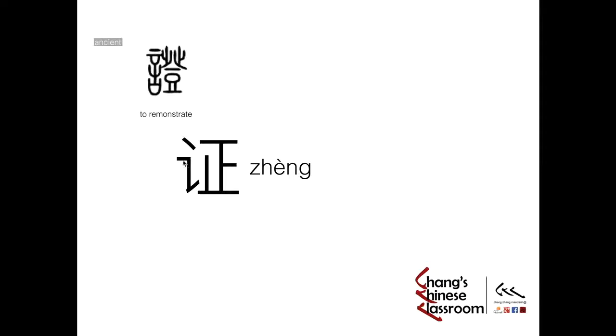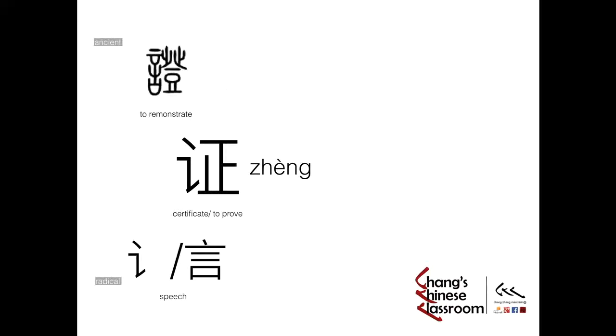The left part, you should be familiar with. This is the speech. And the right part, again, has really been simplified. This one means climb in the past, but now we use this one, 正, upright. The modern meaning is certificate as a thing, or to prove, or the proof.